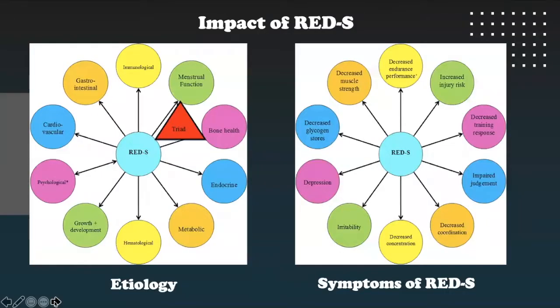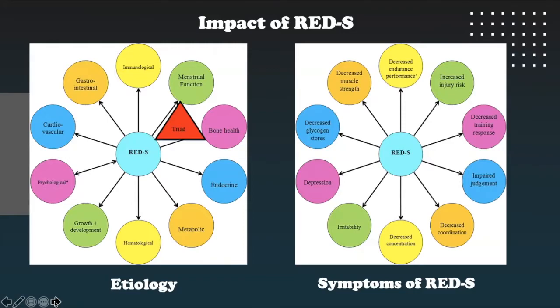So these are two pictures, and this is the impact of REDS. If you focus your attention to the left, the etiology, you can see that REDS, the female athlete triad, involves menstrual function, bone health, and low energy. But if you look at a macro level and zoom out, you can see that REDS impacts so many other things: growth and development, metabolic, endocrine, bone health.